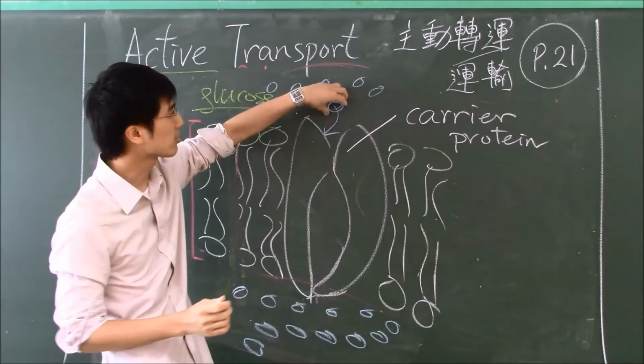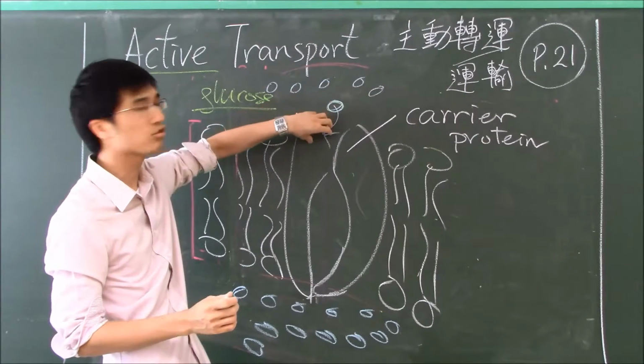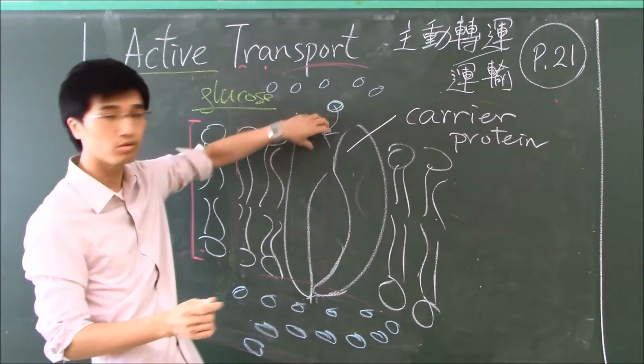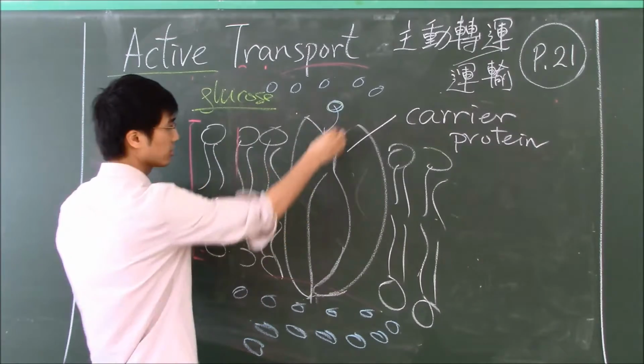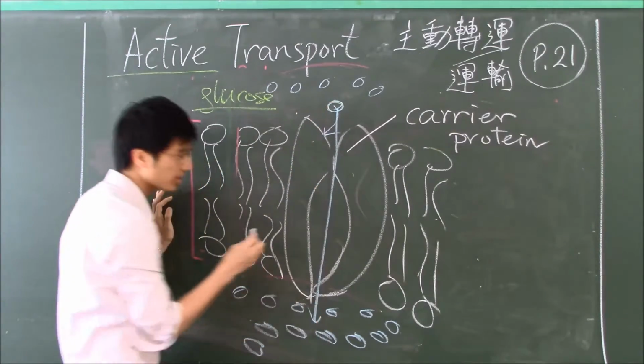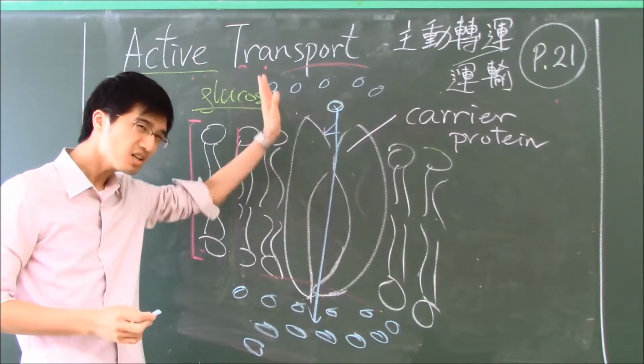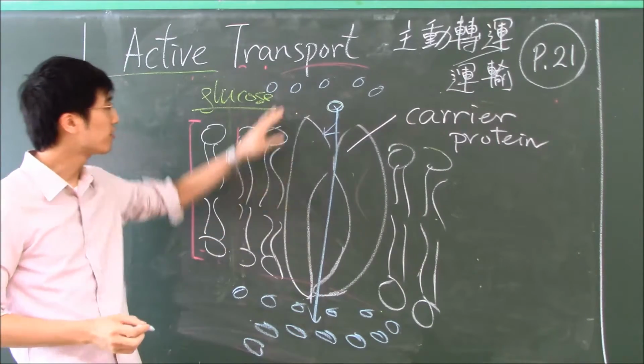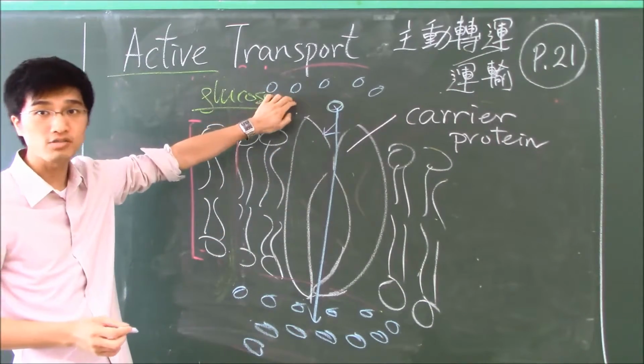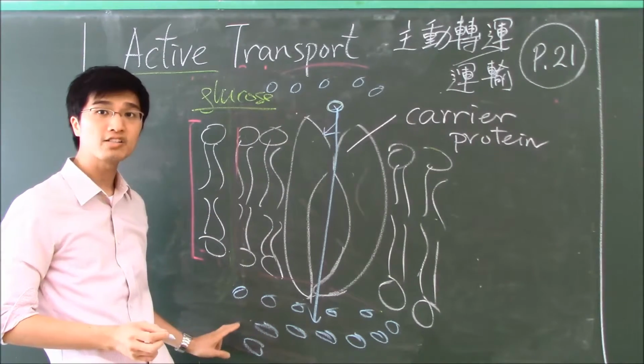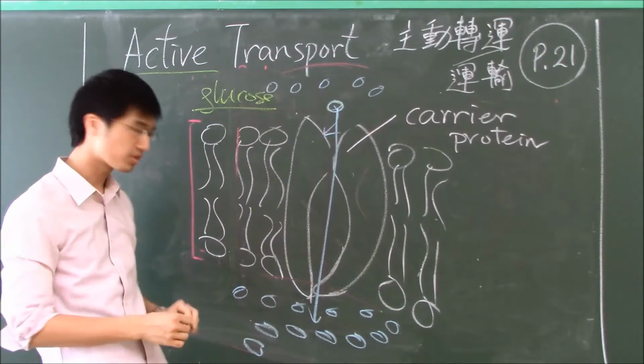Once the glucose molecule binds to the carrier protein, the trap will be opened, and then the glucose molecules will be brought into the cell, from a region of lower concentration to a region of higher concentration. So that's the point.